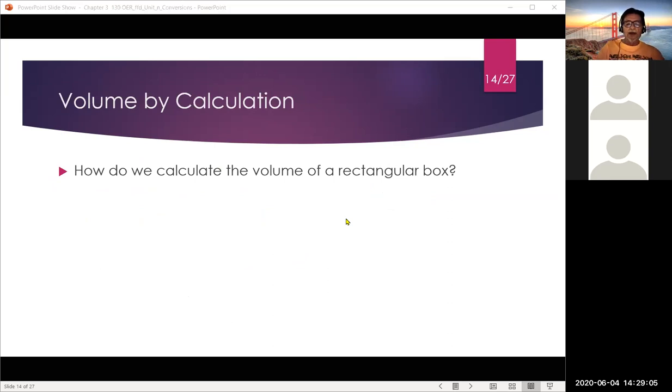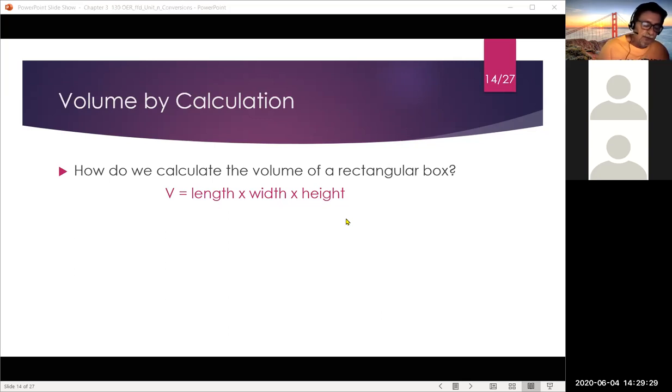All right. Now, how do we calculate the volume of just say a box? Recall the equation for volume, that is length times width times height, not to be mistaken with area. Area is just length and width. Okay, that's 2-dimension. Volume is 3-dimension.